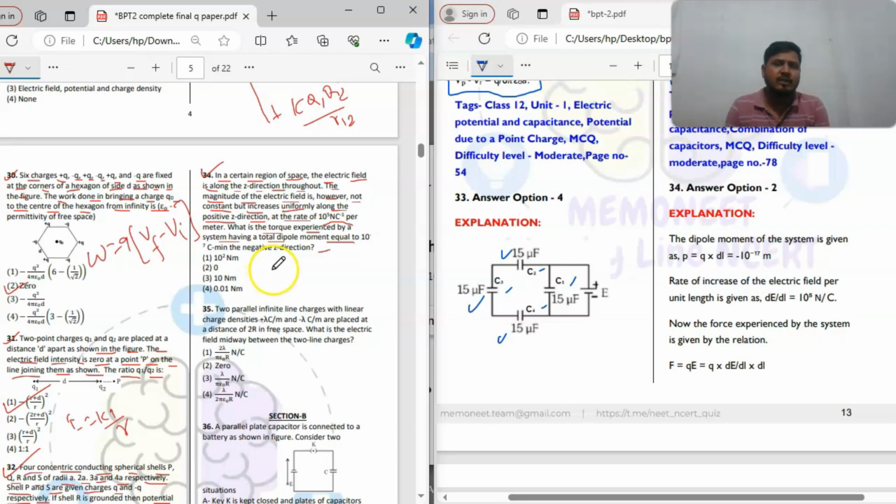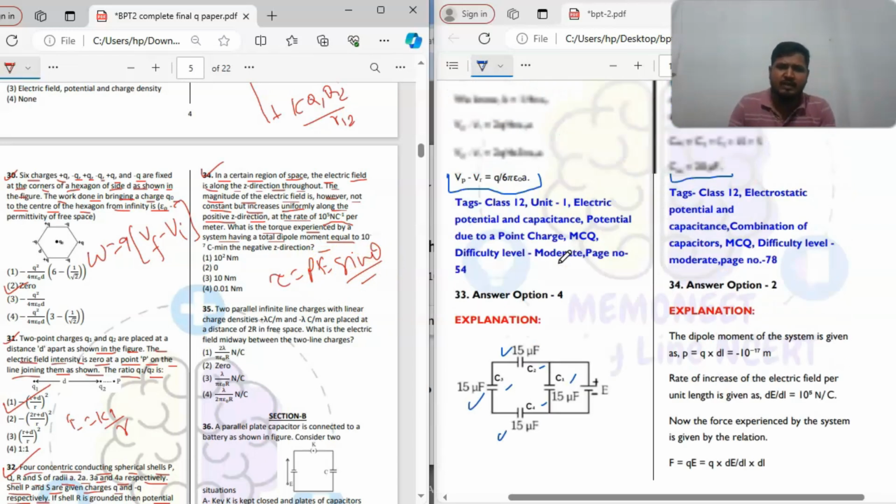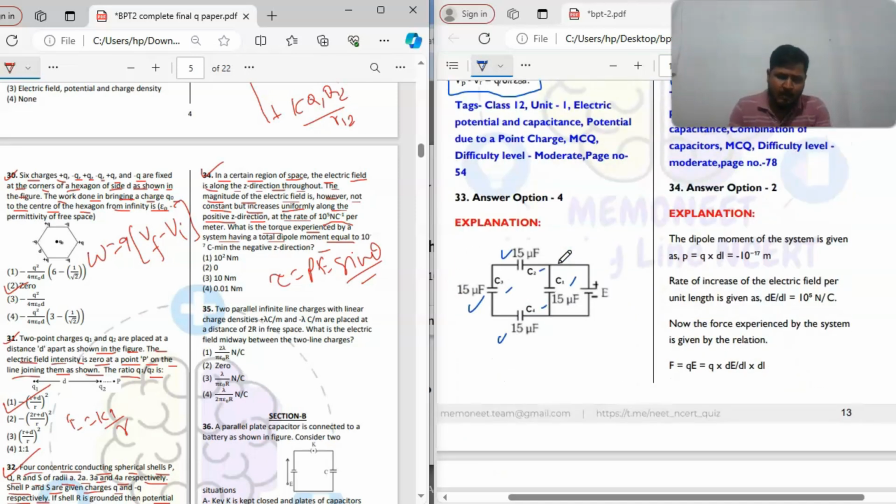You know that for finding the torque the formula is tau equal to P sin theta, but we don't know the angle between the dipole moment and the electric field. So first we will find the angle between the dipole moment and the electric field. What is given in the question?